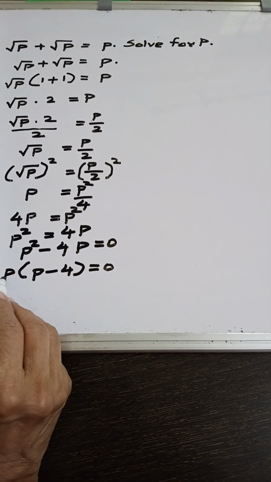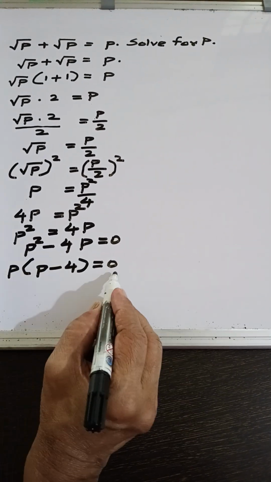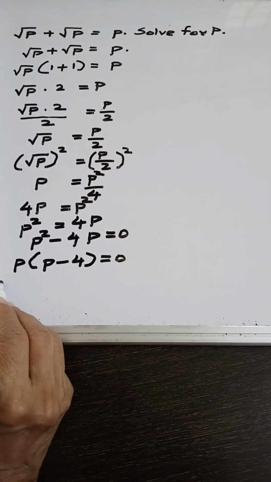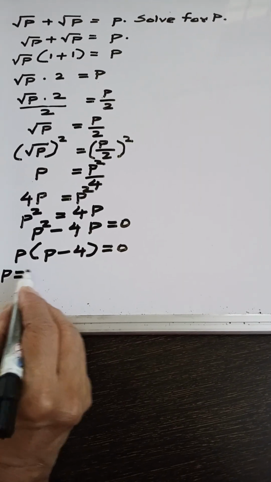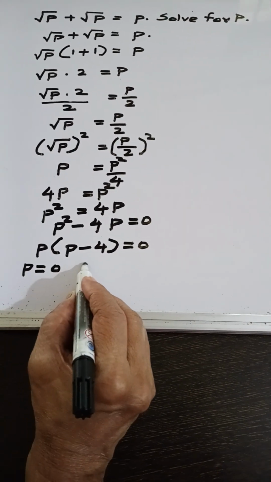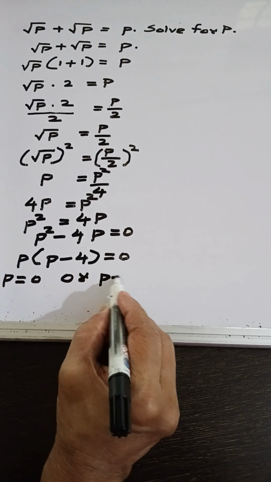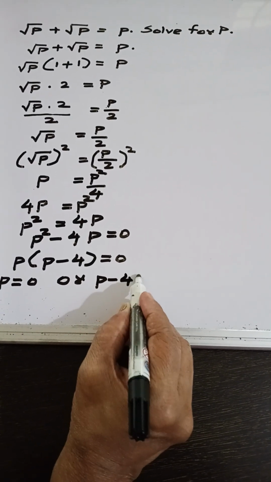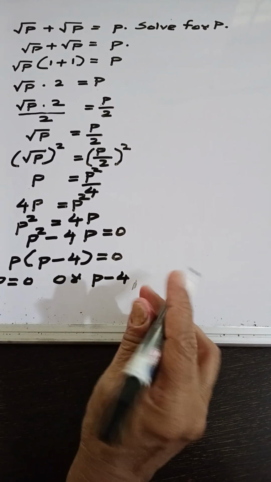Here there are two factors, p and p minus 4. When multiplied they give 0. So we can consider p equals 0 or p minus 4 equals 0.